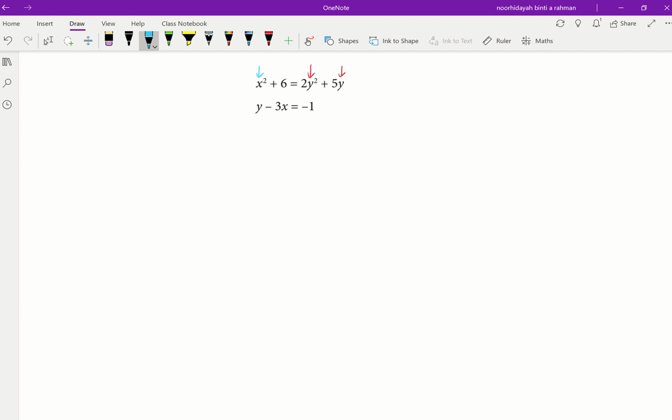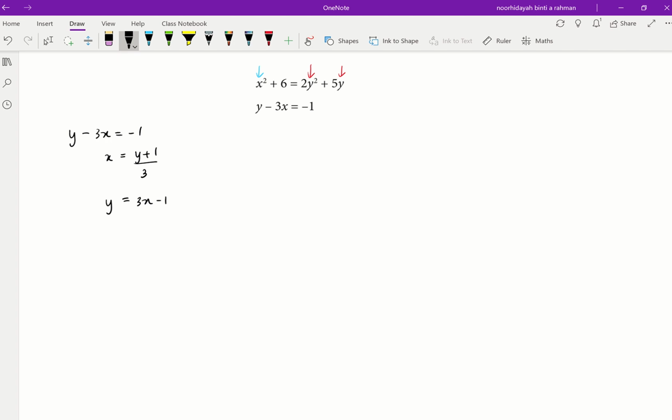If we take x from y minus 3x equals negative 1, you will get x equals y plus 1 over 3. If you choose y as the topic, you can just deal with 3x minus 1.